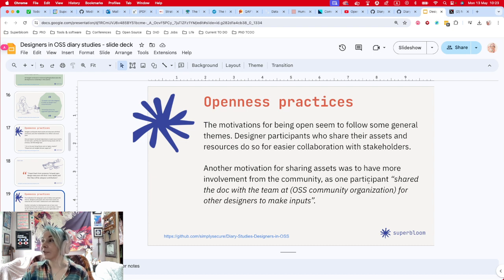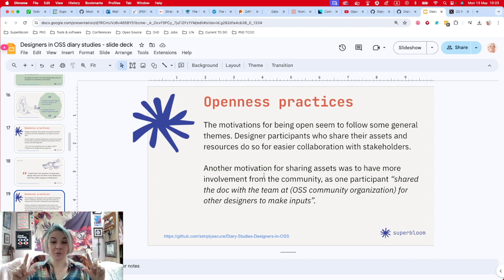So for example, this quote from one of the designers around promoting a practice of openness, or doing design in the open. There is a comment here from one of the designers in the diary study, which is they shared a document with the team at the open source software community organization for the other designers to make inputs on.